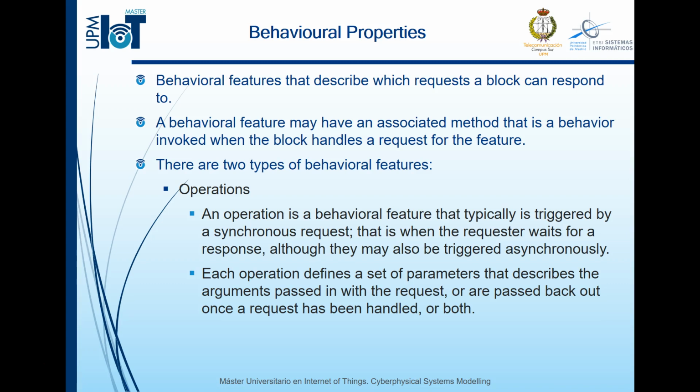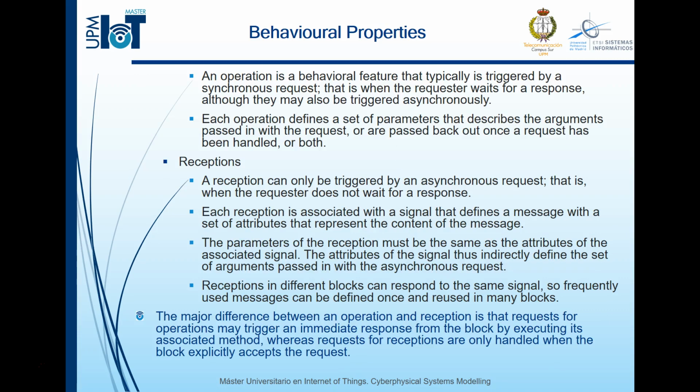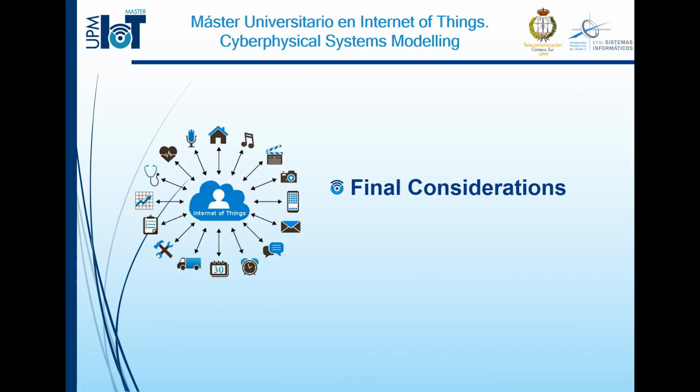One is operations, that is a behavioral feature that is synchronous. That means you make a synchronous call, and you are waiting for the answer. And the second is reception, that is only an asynchronous invocation. So if you decide that the interaction with the external blocks is based on synchronism, you need to define an operation, and reception is only for asynchronous communications.